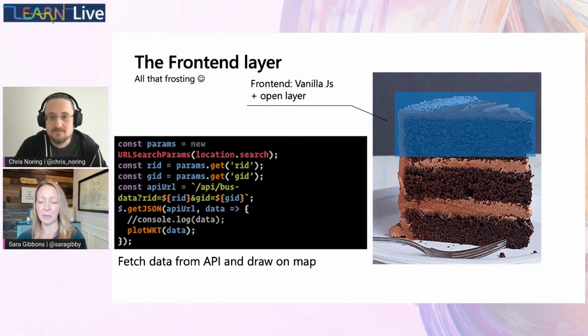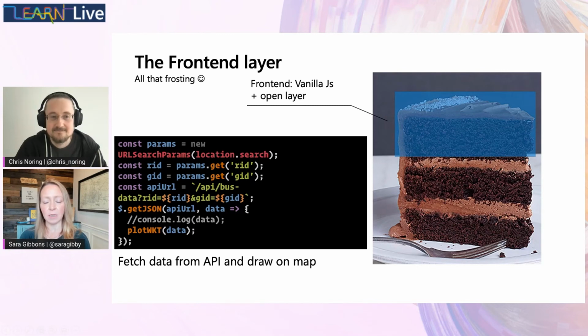All right, so we look at our HTML file. What we're going to see here is a fetch. So what we want to do is fetch to our endpoint. We want to call our endpoint and get the data that we need to map where the bus location is and where our geofence is. We've got a little sample of what that code looks like.